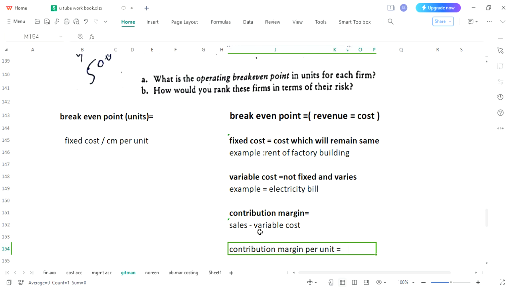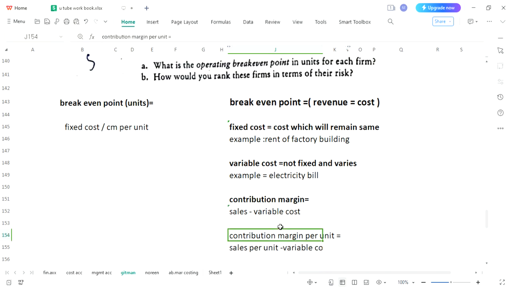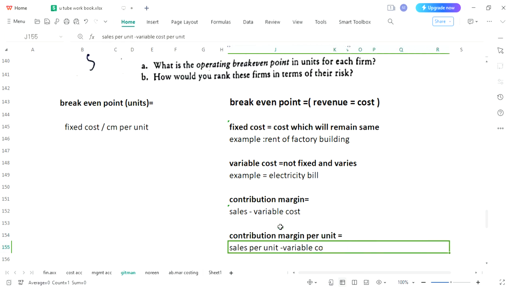You will write the same formula, but instead of sales you will write sales per unit, and then subtract variable cost per unit. So in this way your next formula is also ready.